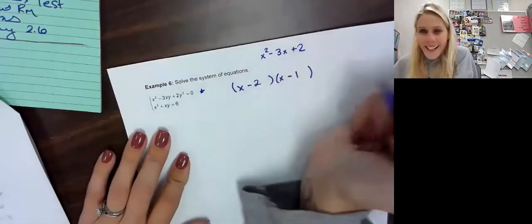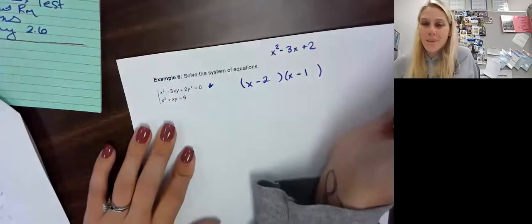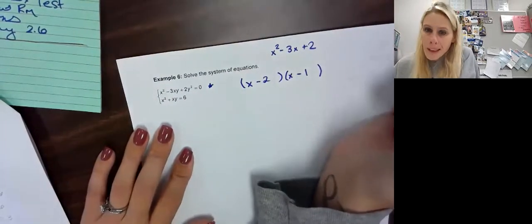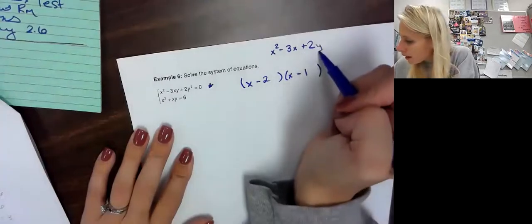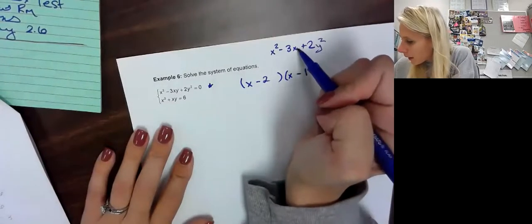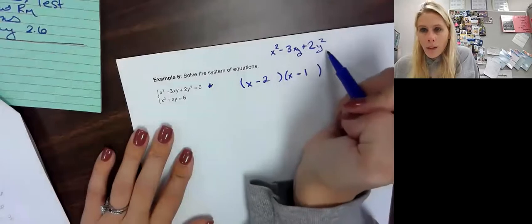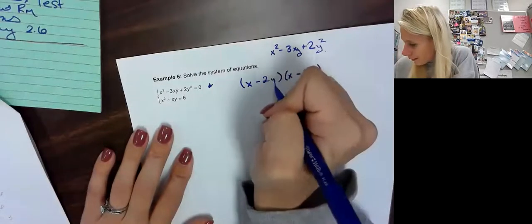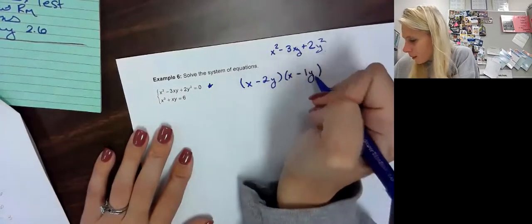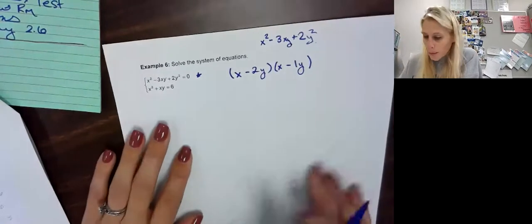Now, did you guys see how I left a little space for the parentheses? It's because we're missing a y squared here and a y here. How can we get y squared? Well, y times y. Okay, so we were able to factor that.